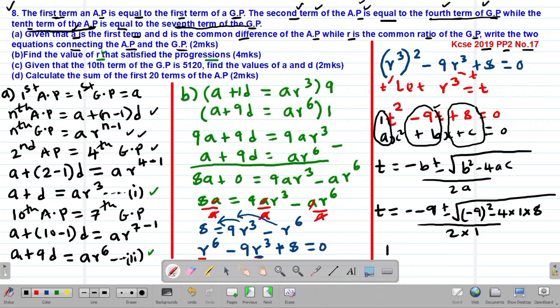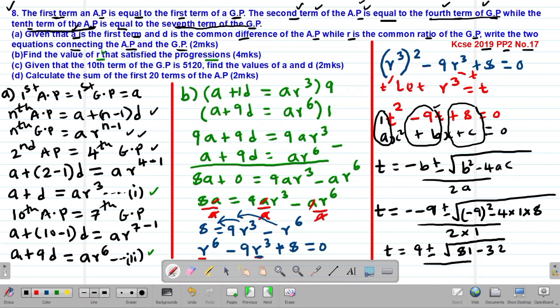So that means t will be equivalent to negative negative 9, which gives positive 9, plus or minus the root. Under the root, I'm going to have the following. 9 squared will give me positive 81. Then negative 4 multiplied by 8, I'll get a negative 32.